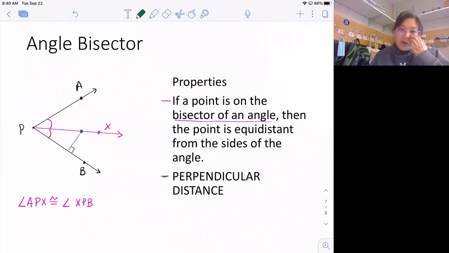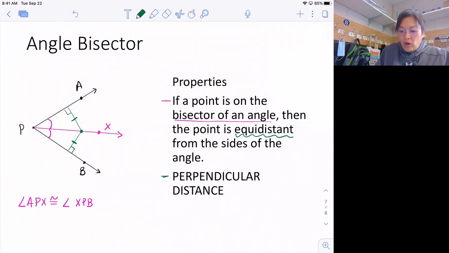So that's that note right there, that we have to call it perpendicular distance. And I obviously did not draw very well today, so I apologize. But what we're saying is that this line and this line are congruent to each other because they are equidistant from the sides. And that's if we cut an angle in half.